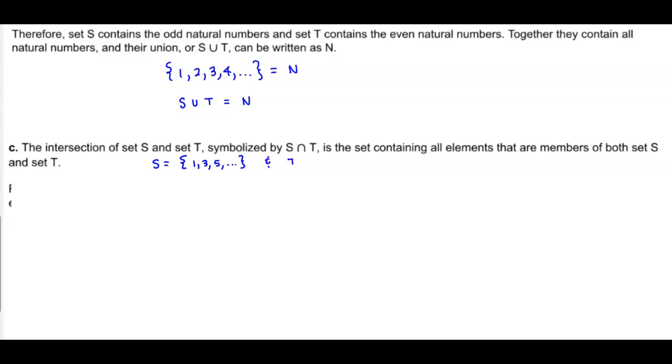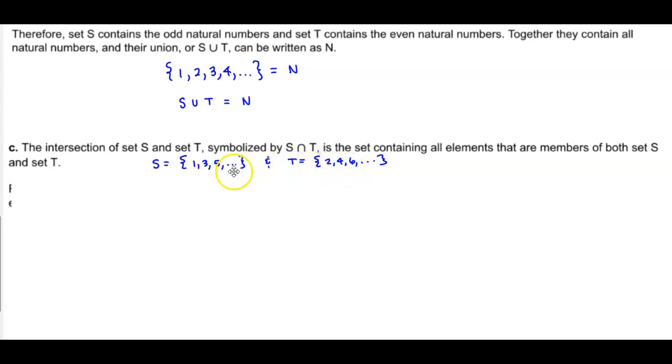And the set T were the set of the even numbers, 2, 4, 6, and so on. So what this basically is asking is, do either of these sets have something in common? Well, they don't, because set S has the odd numbers, set T has the even numbers.